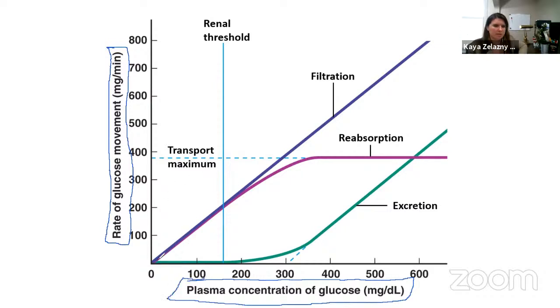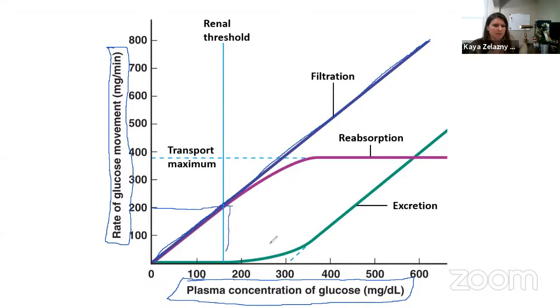So what we see happening for filtration, sorry, I misspoke. So for filtration, this is the line expressing how much glucose is getting into the nephron. And this is only dependent on that plasma concentration of glucose. So even though they kind of skewed the axes, which is annoying, you can see that this is approximately equal, right?